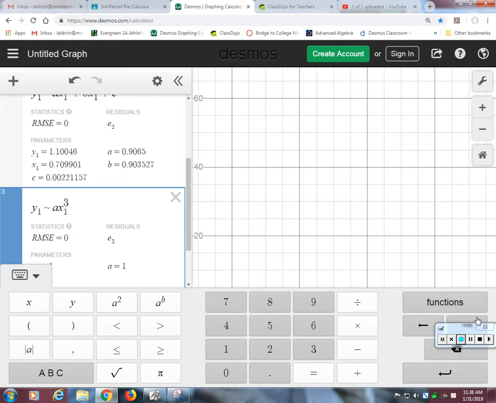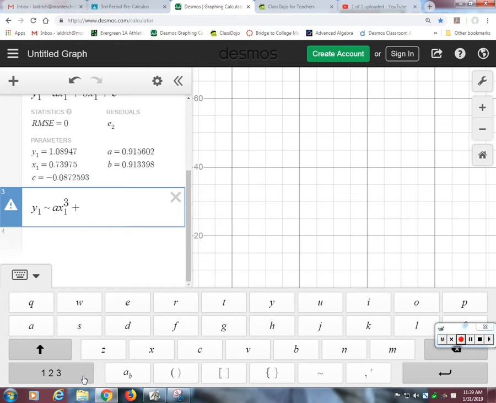The way you do cubed is you hit this a to the b button. That's the general exponent button, and then you type in 3. And after you type in the 3, you have to arrow over to the right to get out of the exponent.